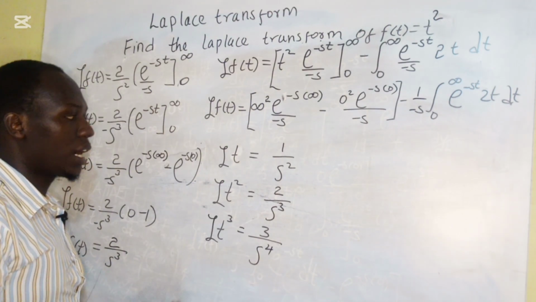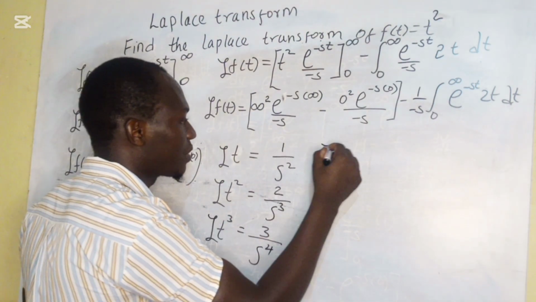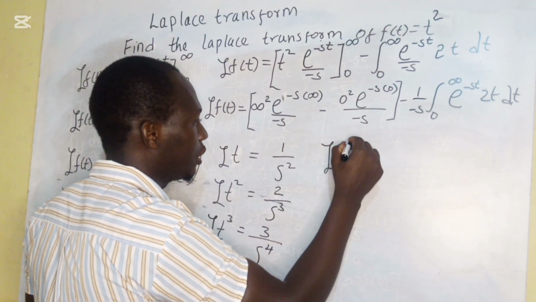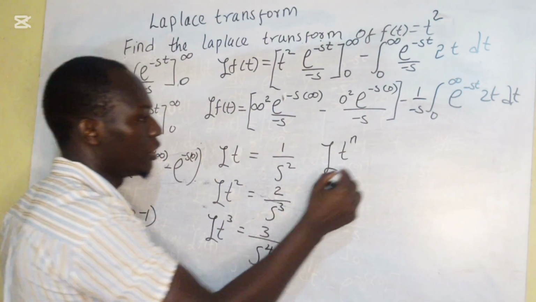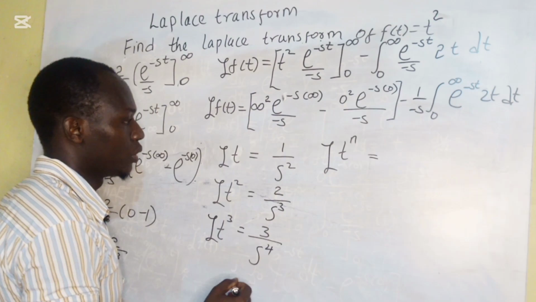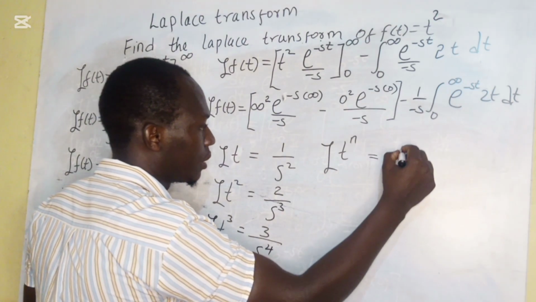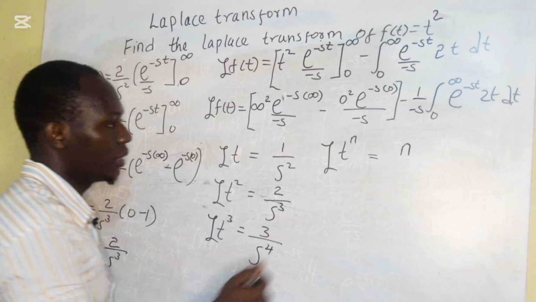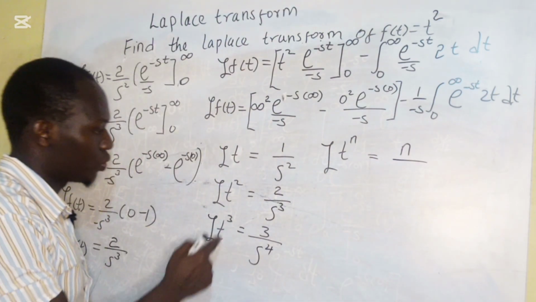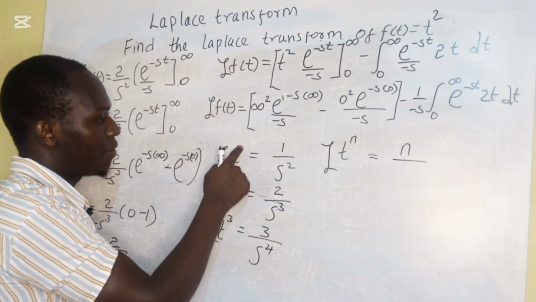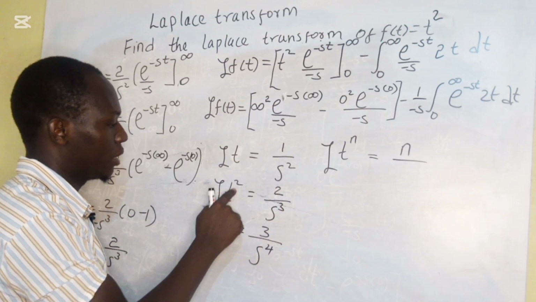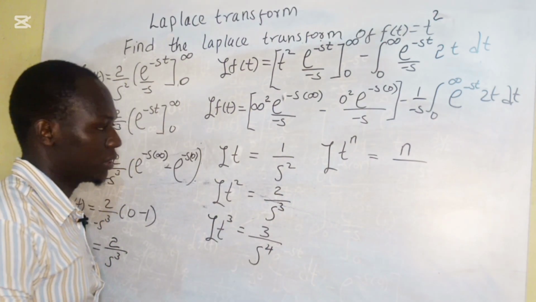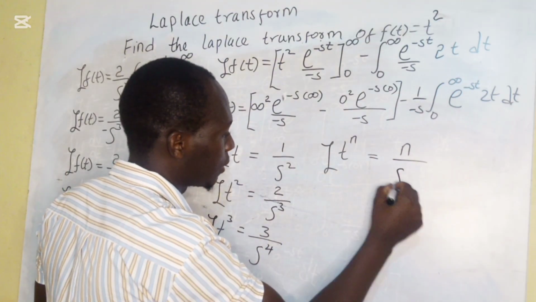In short, we can come and say the Laplace transform of our function t raised to a power of n is equal to n, whatever we are having on the power, all over s, because when you check here, we were having power 1, here is 1, power 2, here we are having 2, power 3, here we are having 3.